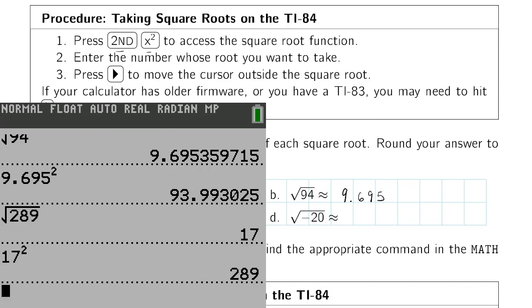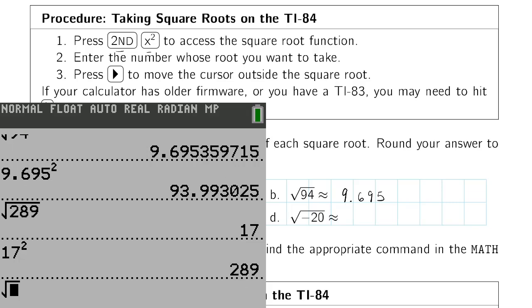And then in our last example, let's look at what happens when we try to take the square root of negative 20. We know that that's undefined. The square root of a negative number is going to be undefined. So hopefully the calculator will tell us that. I hit second x squared, and I enter negative 20, being careful to use the negative sign and not the subtraction sign.